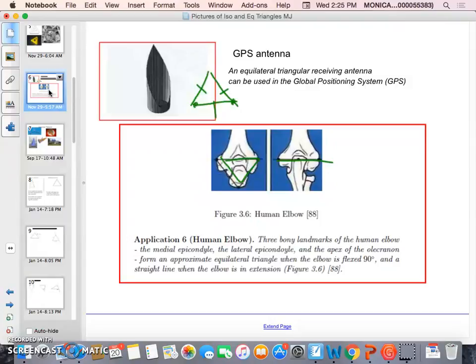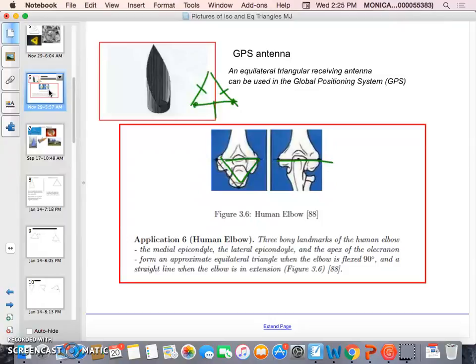And if you unrolled it, it would actually be a right triangle. Not a right triangle, excuse me, an equilateral triangle. I'm not giving you $1 for that because I corrected my mistake. Nice try, D. All right, and down here you'll see the human elbow. If you hold your elbow closed, it makes an equilateral triangle. Then when you open it up, it's actually a straight angle.